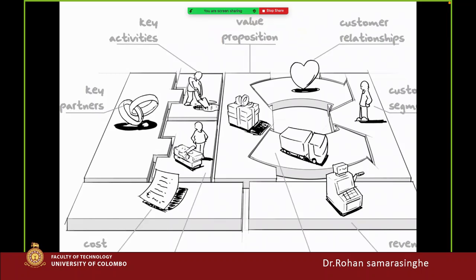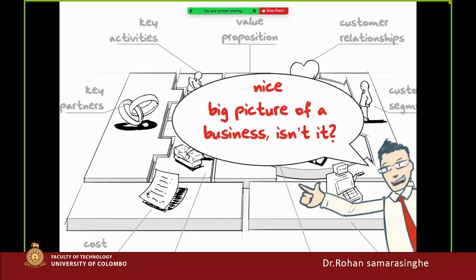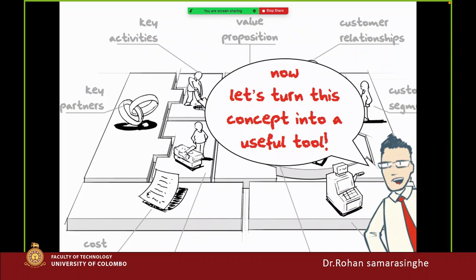Here is the complete business model and a nice big picture of the business. You see it now. Let's turn this concept into a useful tool.